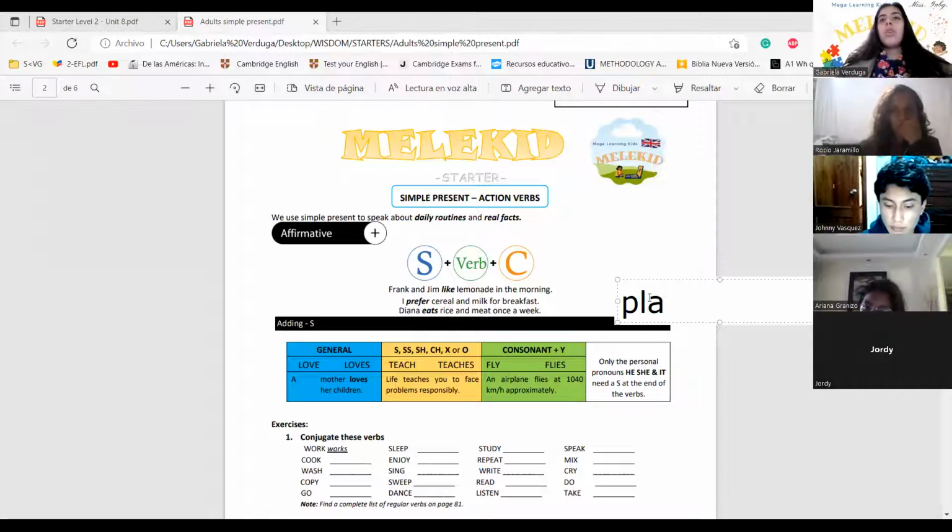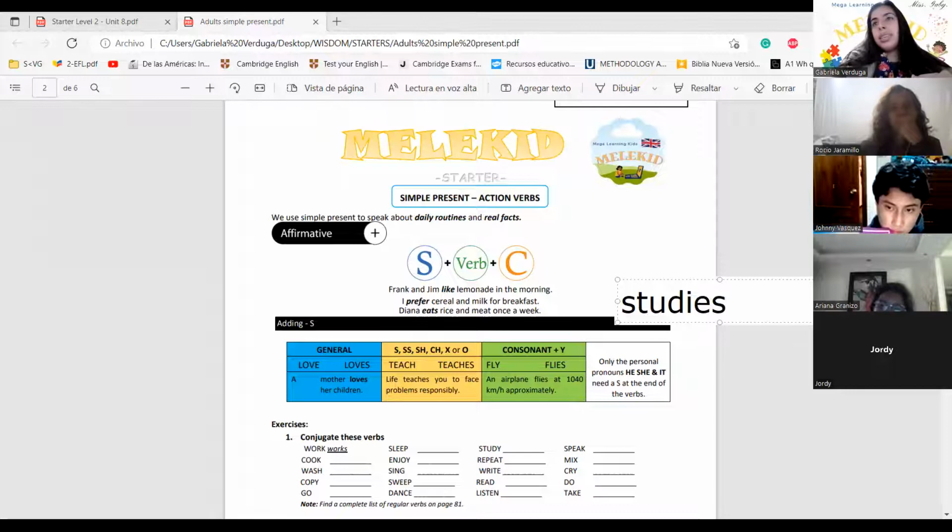You only add s, because it has a vowel. If you have a consonant like in study, now we drop the y, change it into an i, and then we add es, because now we have a consonant here.